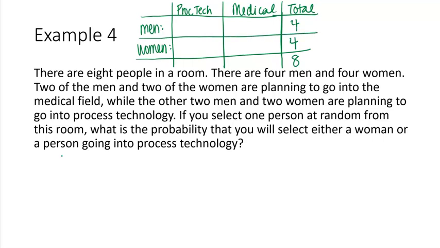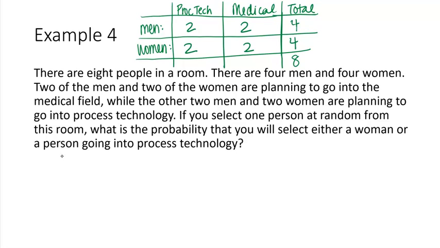But then they tell me 2 of the men and 2 of the women are going into the medical field. So 2 men and 2 women are going into the medical field. Then they tell me 2 men and 2 women are going into process technology. So sometimes trying to sketch out a little table to organize what the words mean can be helpful.